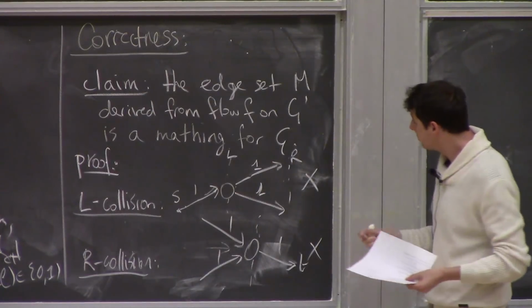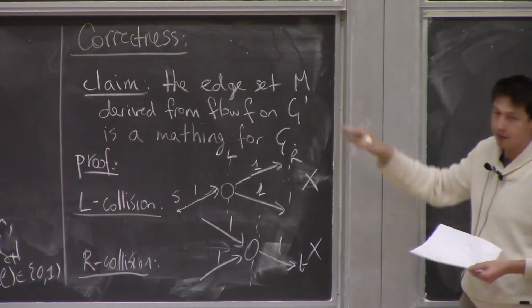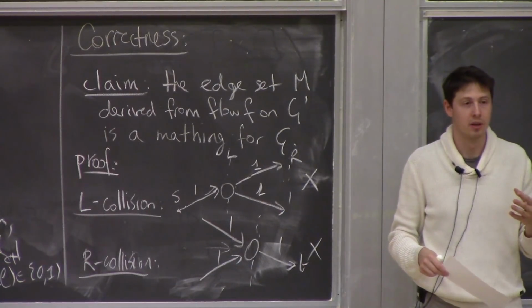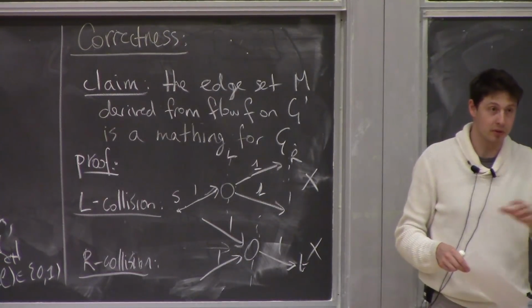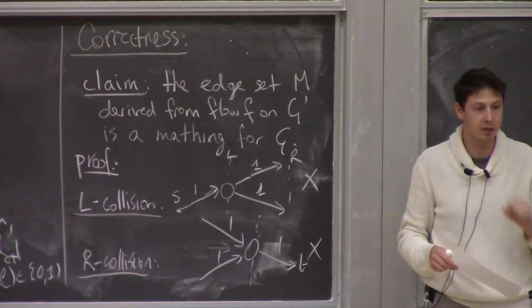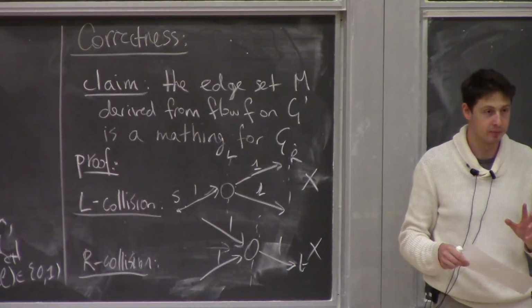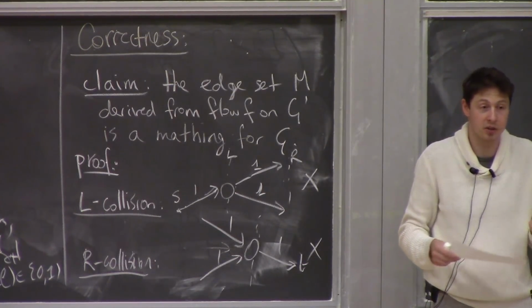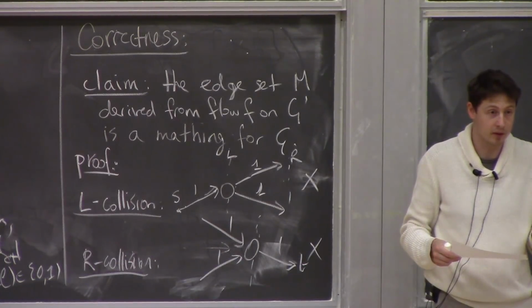This is basically saying that anytime I have an integral flow, whether it's maximal or not doesn't matter, at any time I have an integral flow on that network, I can extract from it a matching. And this is actually a bijection, right? Every time I have a matching, I can construct a flow for it.